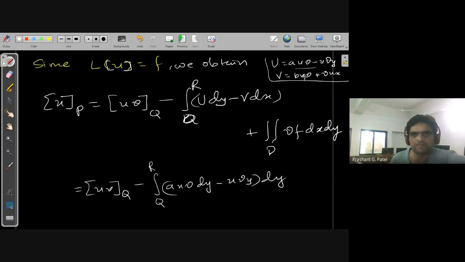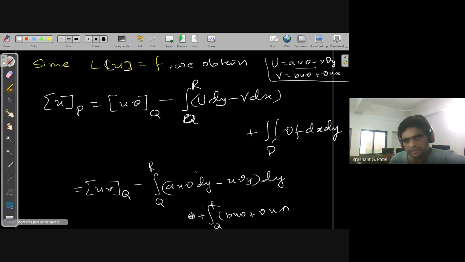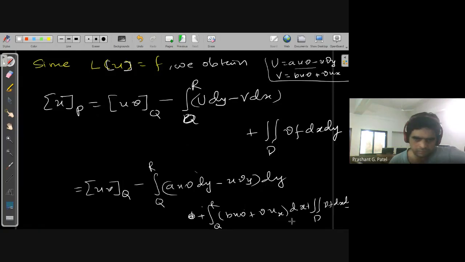What is the value of v? V is this. So plus, sorry, minus integration from q to r, because minus minus becomes plus, so it will become plus BUV plus VUX dx plus this double integration over d v into f dx dy is there.